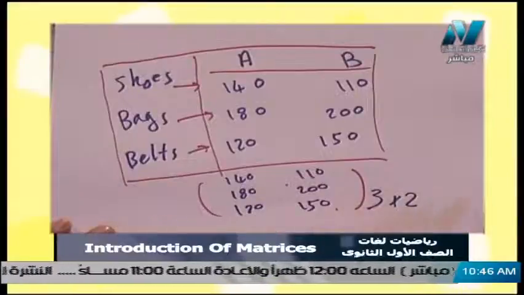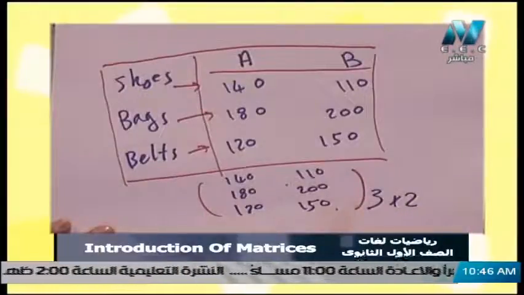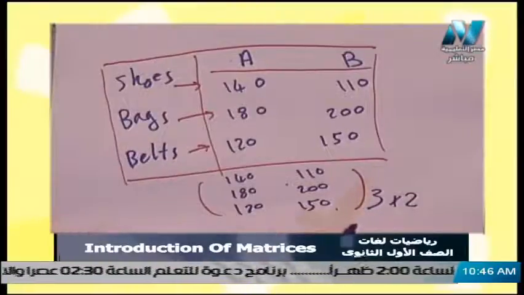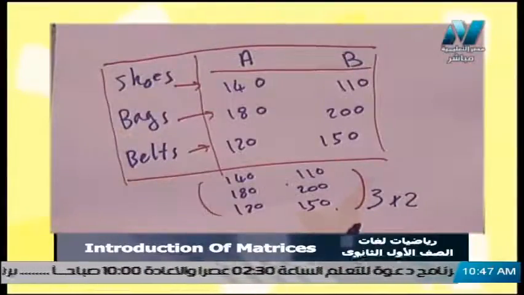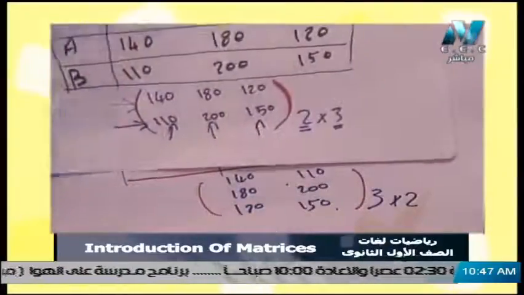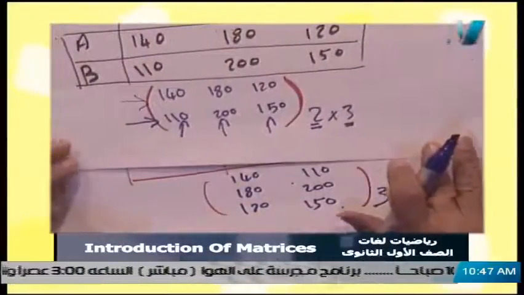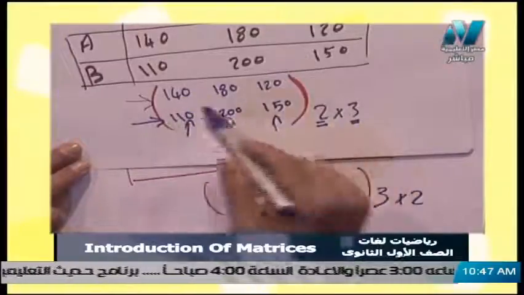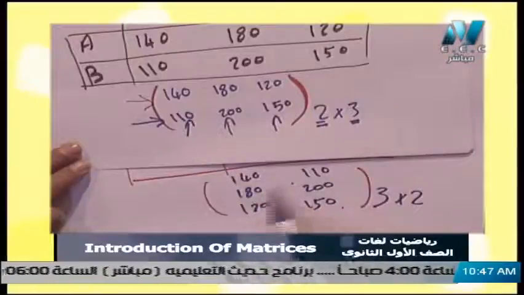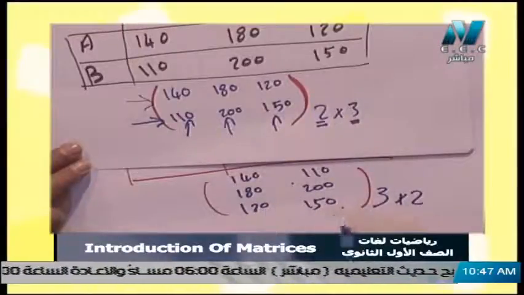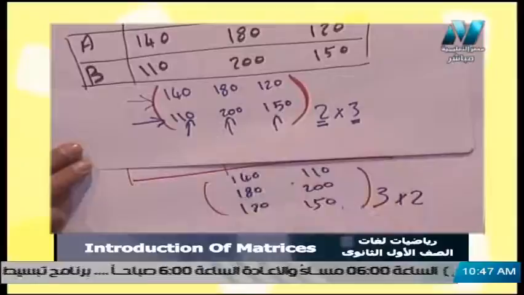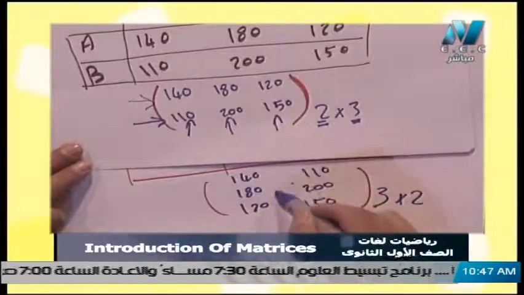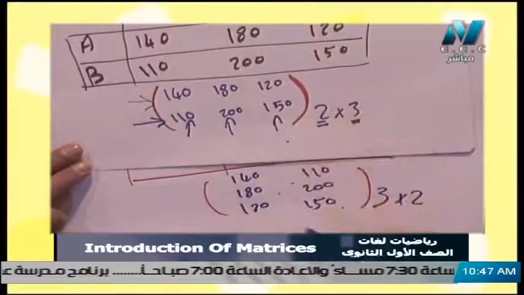So its order now is 3 by 2. The same data, we have written by 2 methods of matrices. This matrix first here has 2 rows and 3 columns, but this one has 3 rows and 2 columns. They are the same data. We will call this matrix a transpose of the other matrix. Okay?